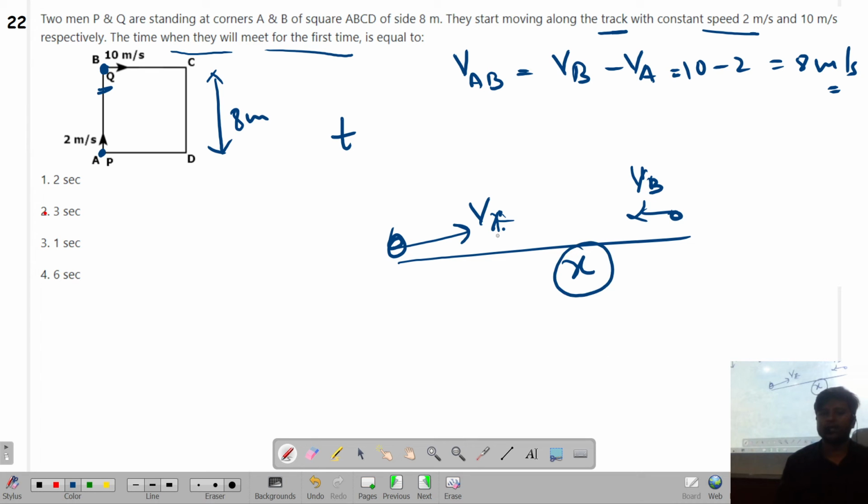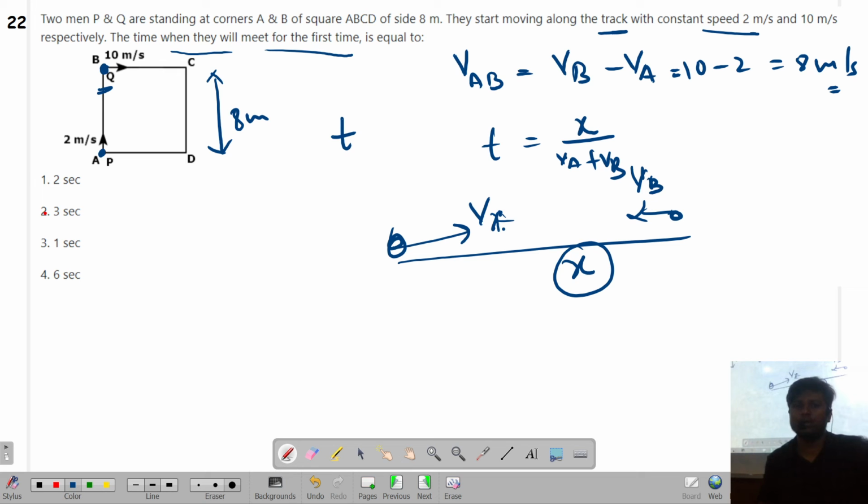Now try to understand. If these two cars are moving in opposite direction, this distance X is crossed in how much time? X by VA plus VB, yes or no? Due to both of them, this distance X is crossed.